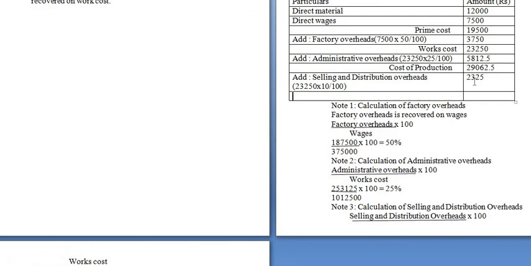Now next is cost of sales, or total cost.